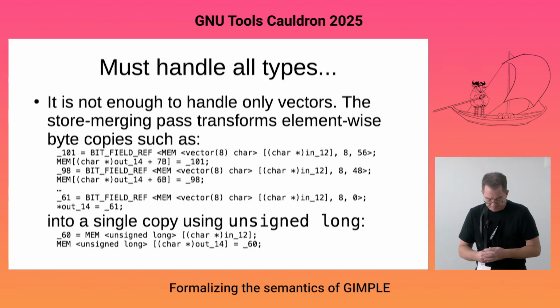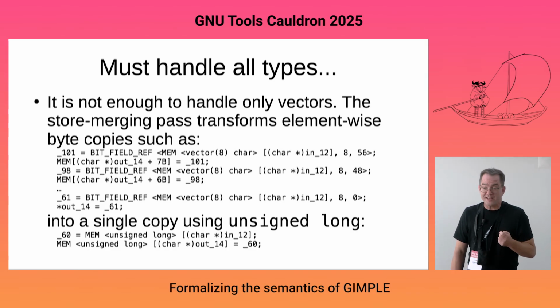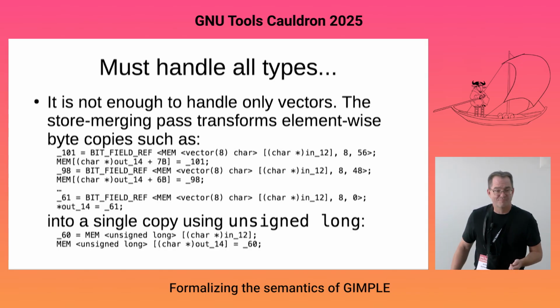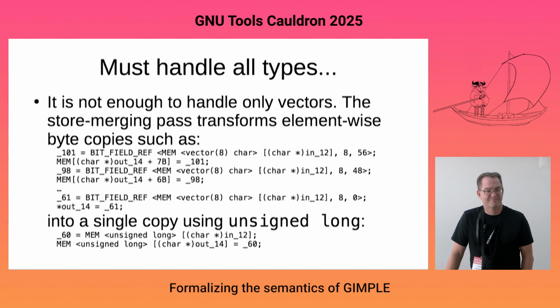But this is not enough, because the store merging pass can change bit field refs like this to a single copy using unsigned long. So it's not only vectors that we need to handle. We must handle other types too. And the semantic I proposed before was that each element needed to be in bounds. But here we have the unsigned long and only part of it is in bounds.